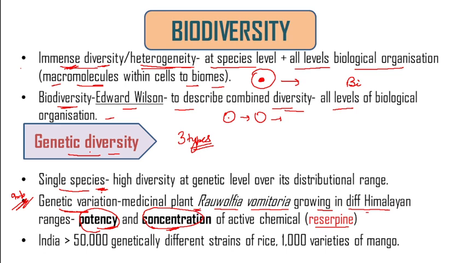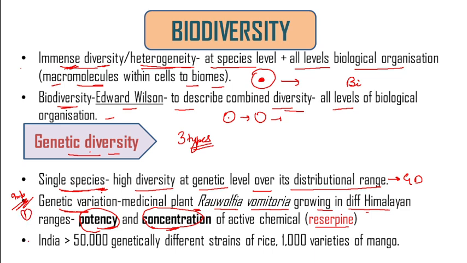That means there are different varieties of this plant, and they have different potency and different concentration. So there is diversity at the genetic level. Whenever there is high diversity at the genetic level over its distributional range, this is referred to as genetic diversity.